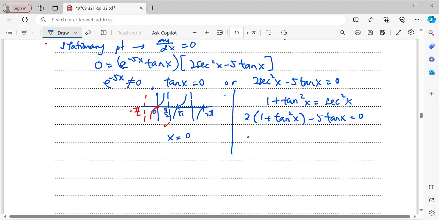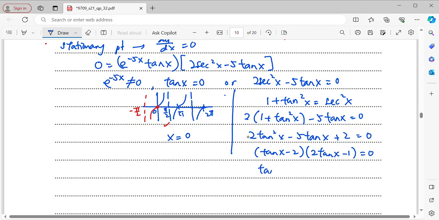Then when we do the expansion, it will be 2 tangent square x minus 5 tangent x plus 2 equals 0. This is a quadratic equation. Now we can factorize this into two linear factors. The first factor will be tangent x minus 2, and the second factor will be 2 tangent x minus 1 equals 0.